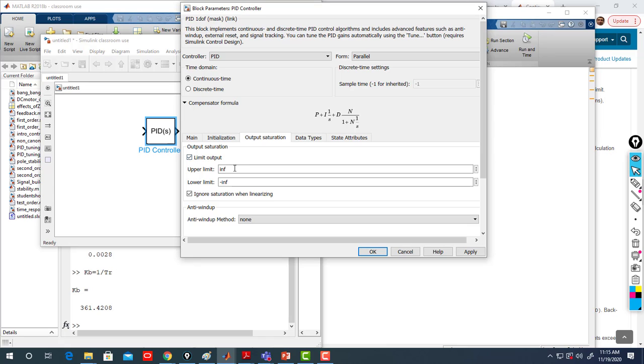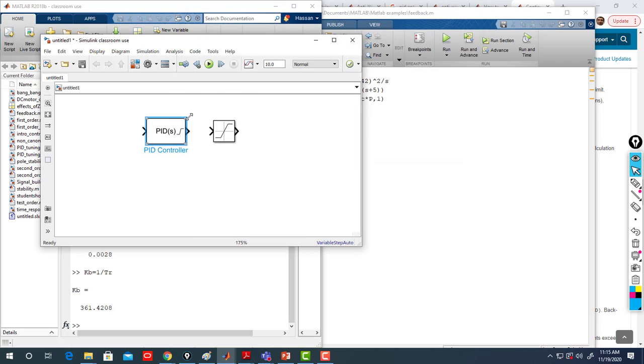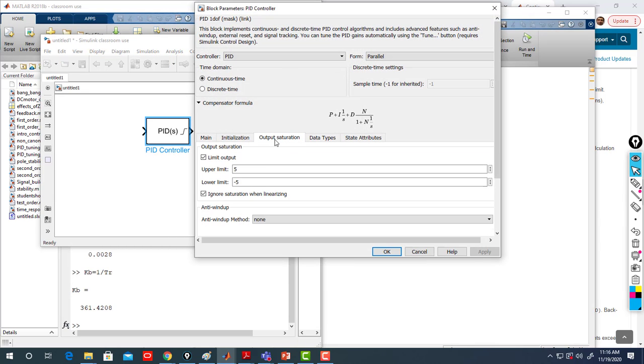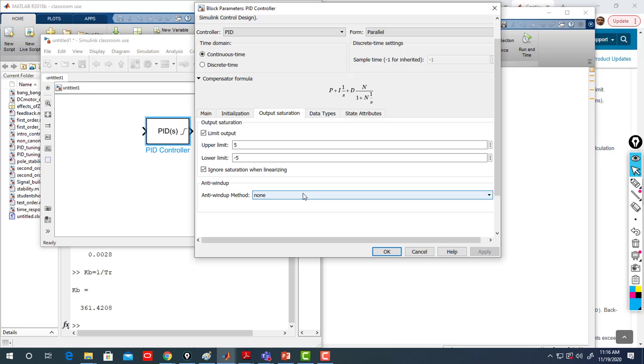Set the limits, for example 5 and minus 5, then apply, and you will see it here. So instead of using it outside, say none for anti-windup. Otherwise, you can use the back calculation.